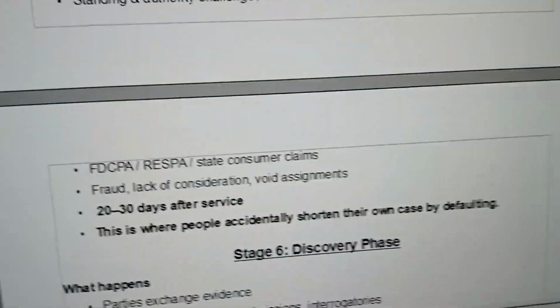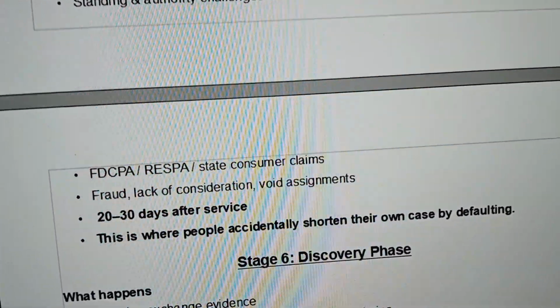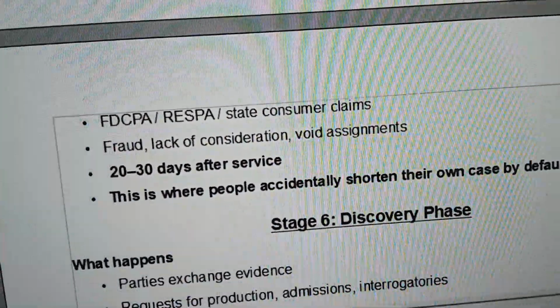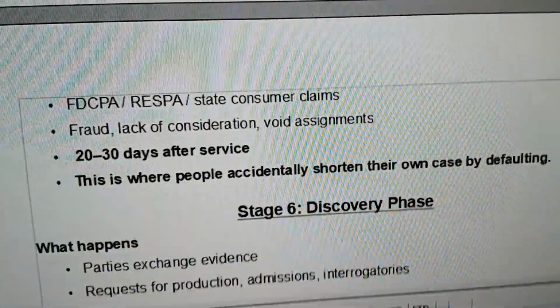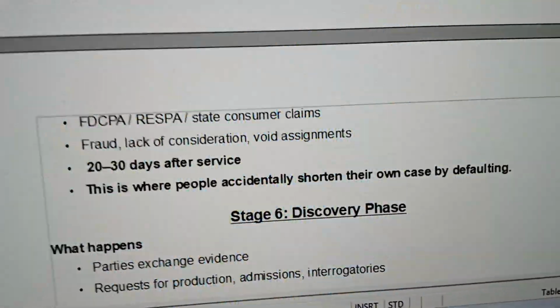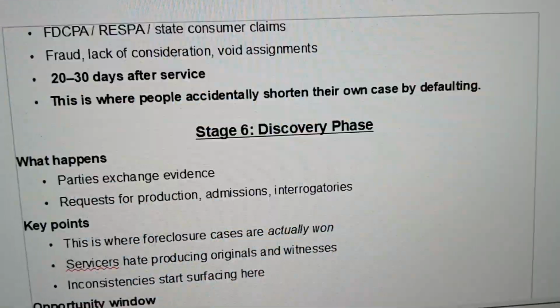This is where you have your FDCPA, RESPA, and state consumer claims against the servicer, fraud, lack of consideration, void assignments. The time frame is 20 to 30 days after service. This is where people accidentally shorten their own case by defaulting. In other words, don't ignore this. You got to respond to it.